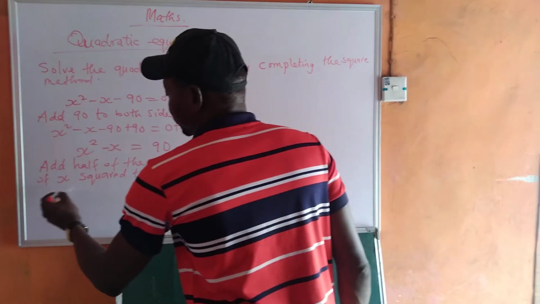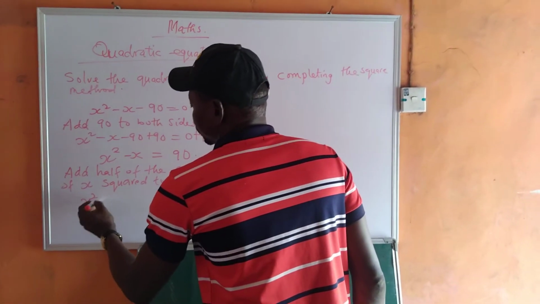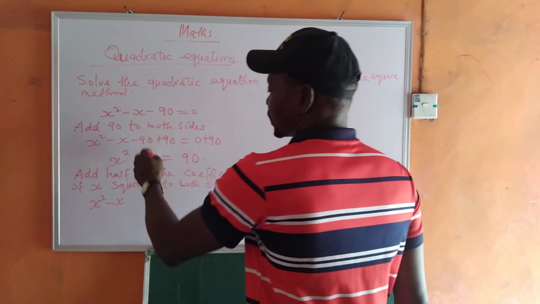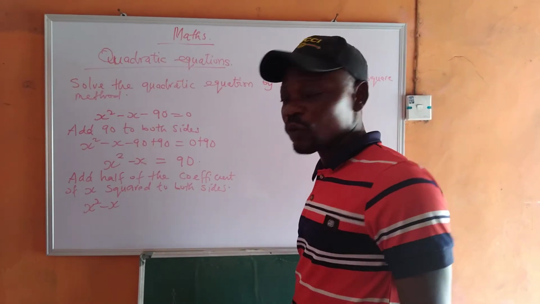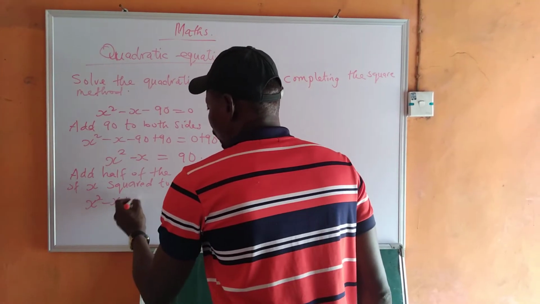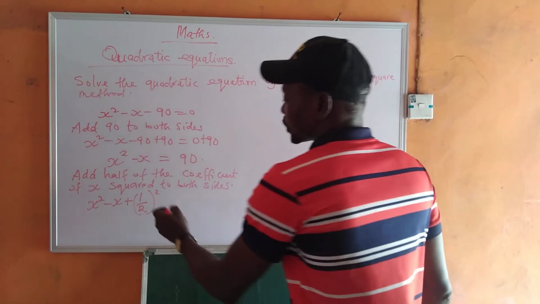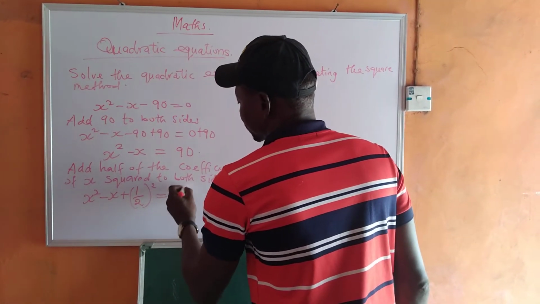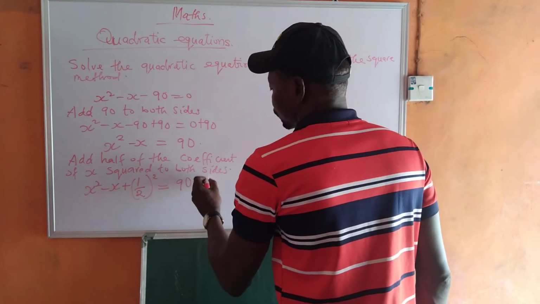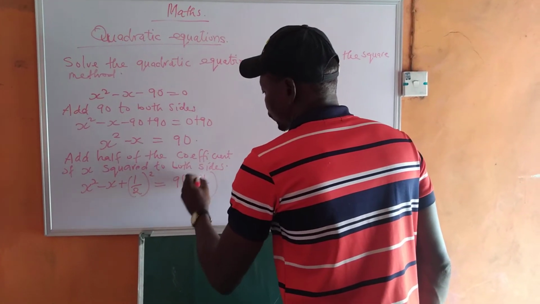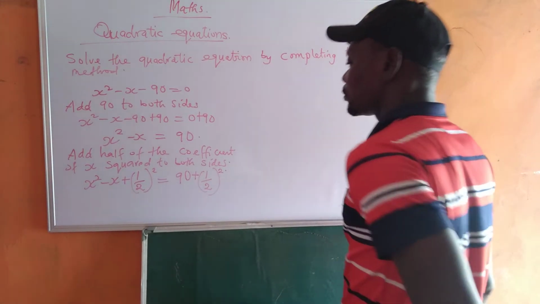In other words, we have x squared minus x. Then what is half of 1? It is 1 over 2. So we have plus 1 over 2, and I say you square it, is equal to 90 plus 1 over 2 all squared again.